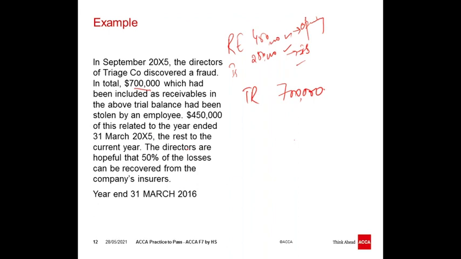Is it clear? Now the directors are hopeful that 50% of the losses can be recovered. So this amount can only be recognized when the chance of the recovery is virtually certain.